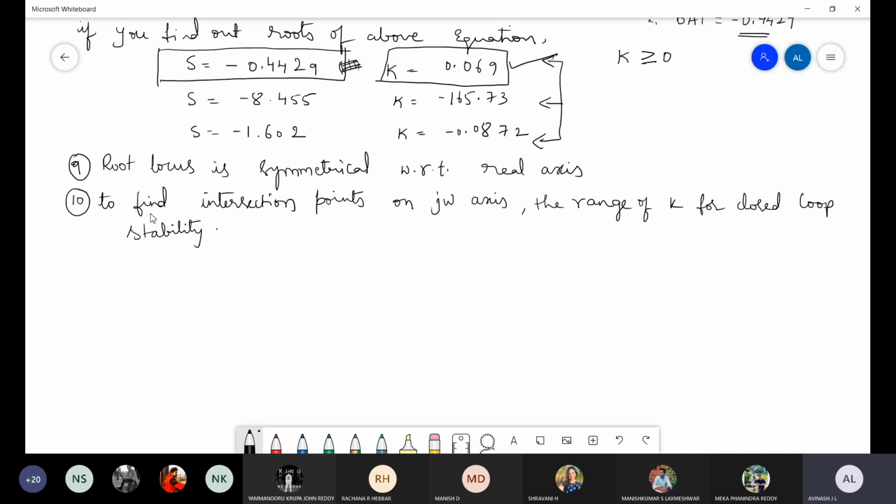To find the intersection points on the j omega axis and the range of k for closed loop stability, we are going to find out. So in order to find that, we need to have the characteristic equation.